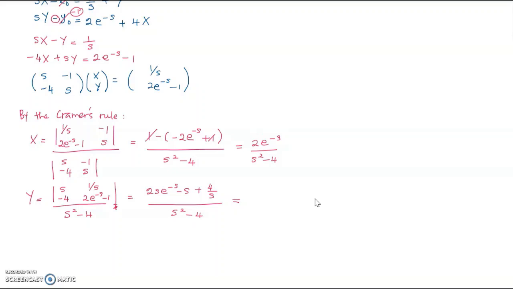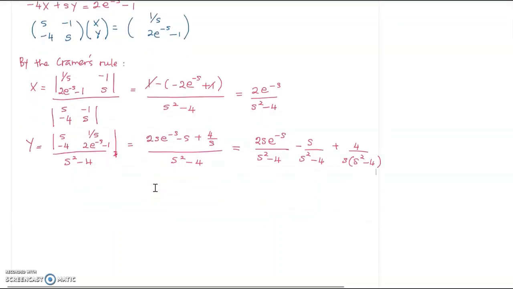So we rewrite the fraction into three individual fractions: 2s exponent negative s over s squared minus 4, minus s over s squared minus 4, and lastly plus 4 over s squared minus 4. So that is ys.